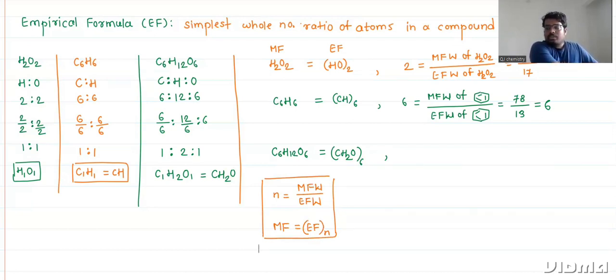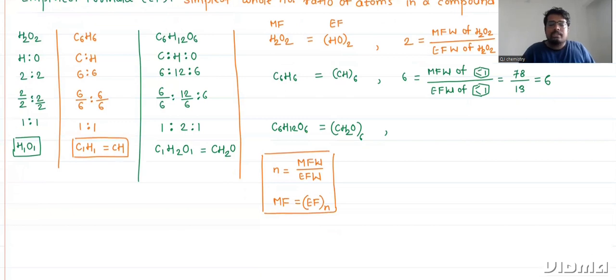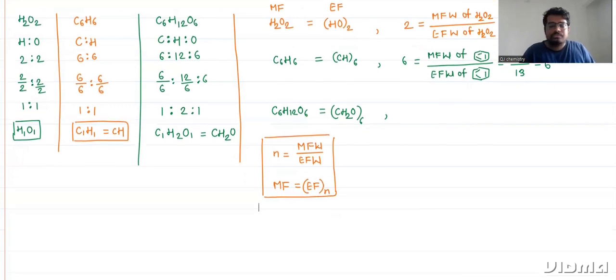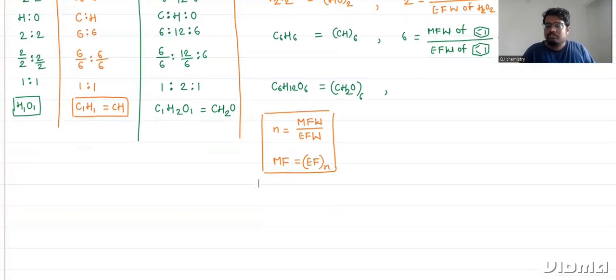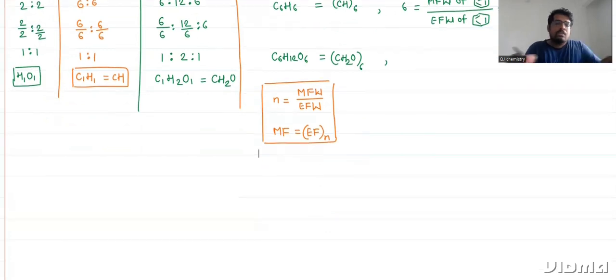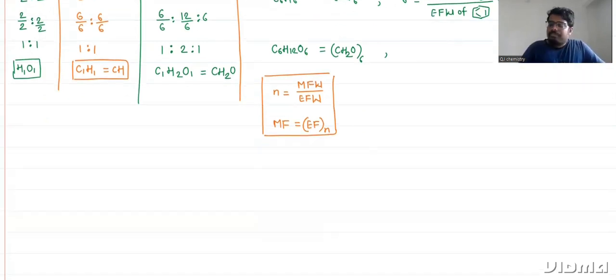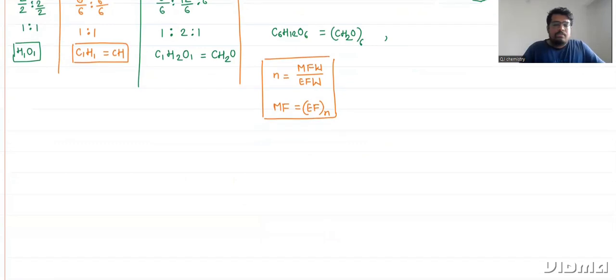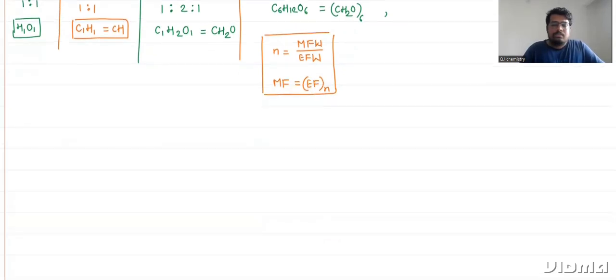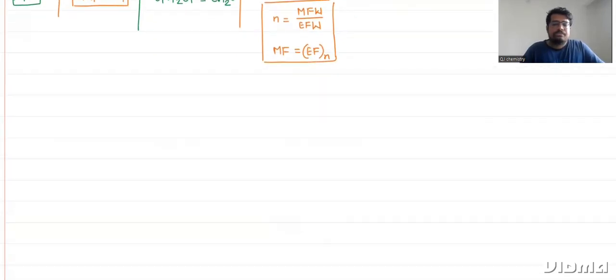Let us find the value of n for a few more compounds. The next example is water.